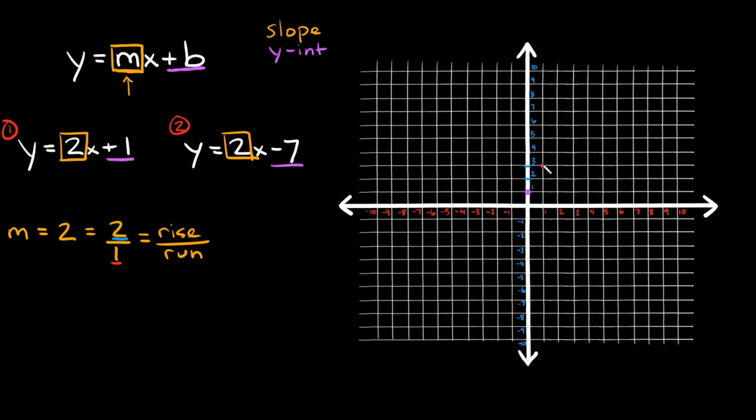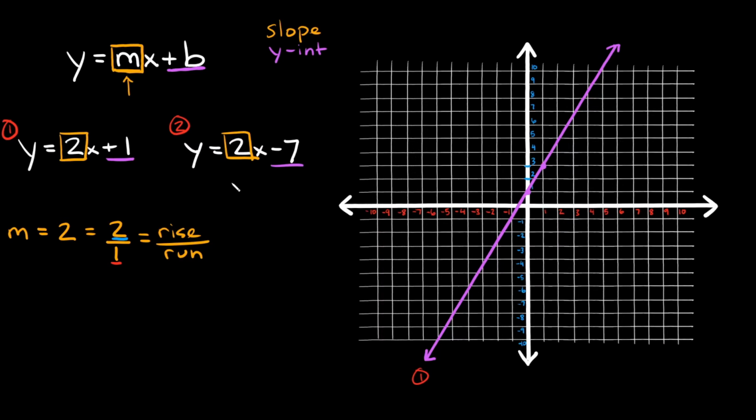So we just found another point that lies along our graph. To graph a straight line, all you need are 2 points, so I'm just going to draw a straight line between these two. This line represents the first equation, so I'll label it as number 1.